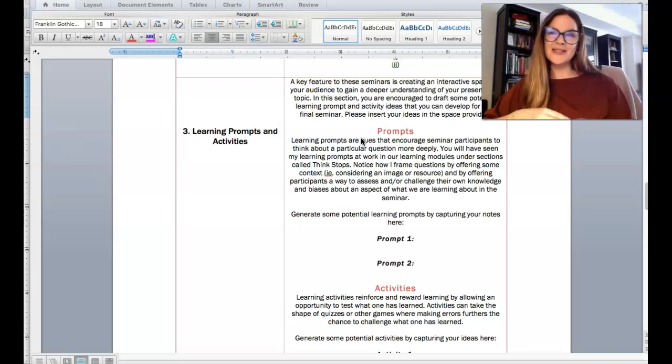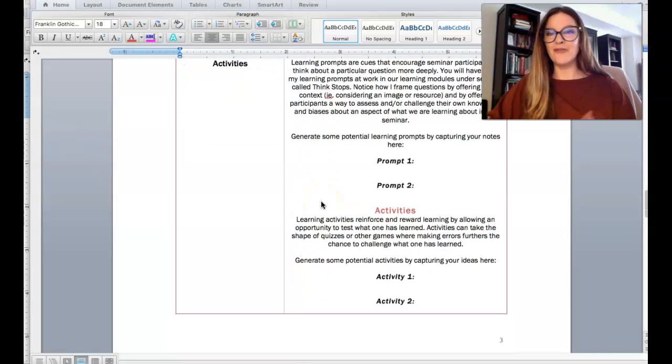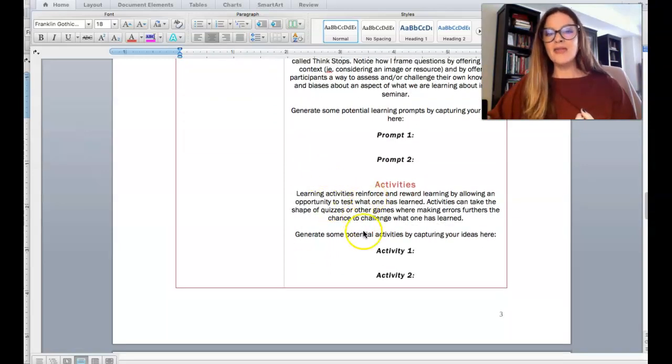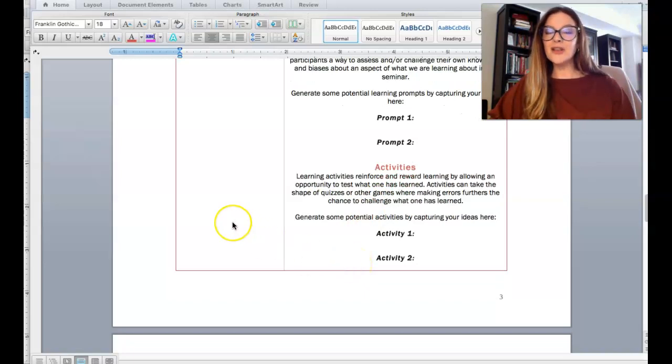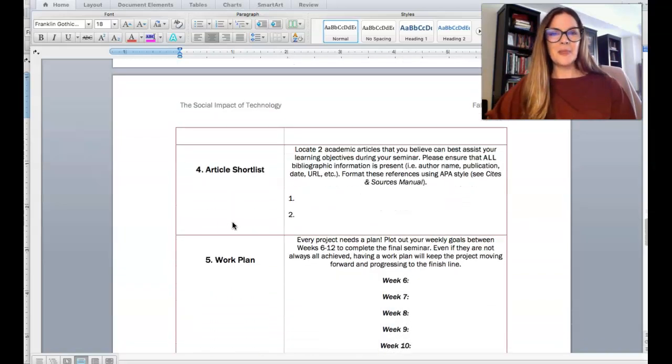So you'll notice in our notebook, that is in the Sutori program format, I use what are called think stops as a way to have these prompt moments. So you're going to be thinking of 2 of those for yourself for this outline. And then in terms of activities, those are the little quizzes and matching games that you have become accustomed to by using the notebooks in our course.